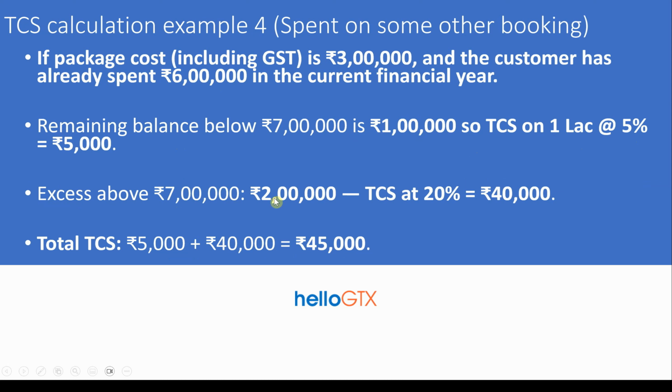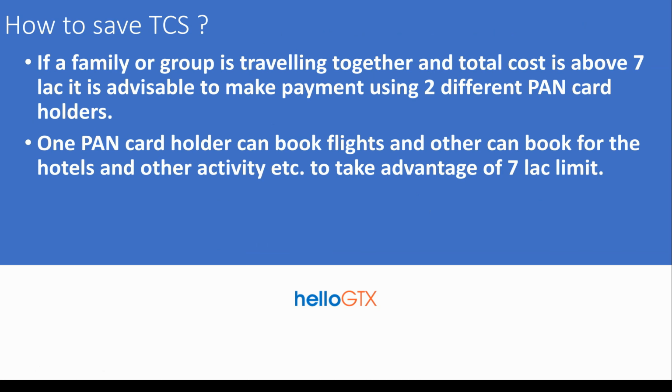Excess above 7 lakh, that is 2 lakh, the TCS will be calculated at 20%, so 40,000. In this case, total TCS would be 45,000. All these things have to be kept in mind. We have to ask the customer if they have spent money more than that or not, and based on that, the TCS calculation will be done.